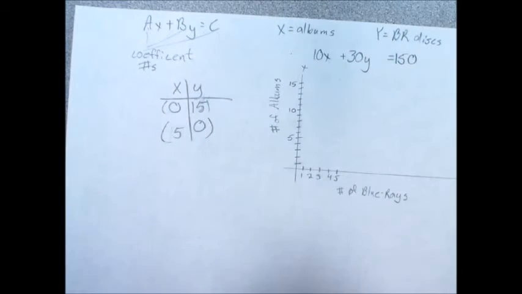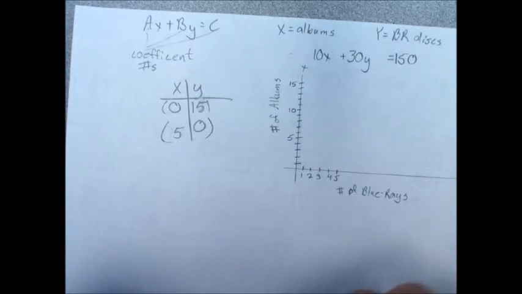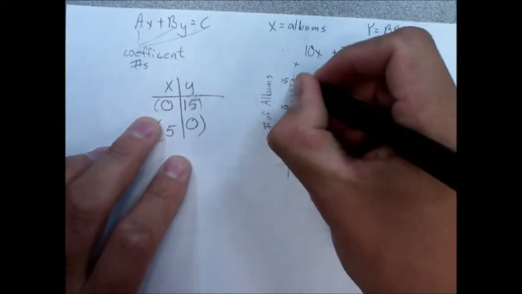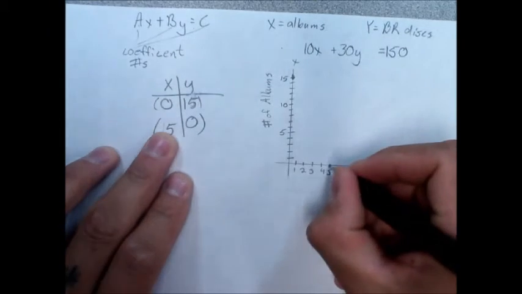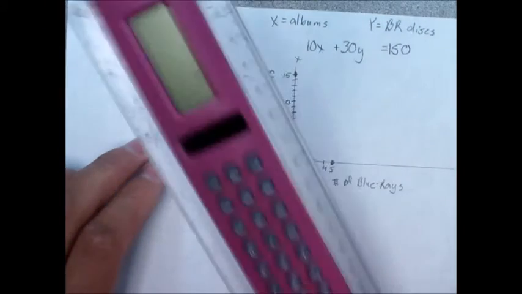Did you realize my error? Oh. Jeez. How did I know I was wrong, Colton? Because I looked at it again, I saw my graph and went, wait a second. I couldn't graph that. So 0, comma 15 is way up here. I put a dot. And 5, comma 0 is way over here. I put a dot. Connect them.